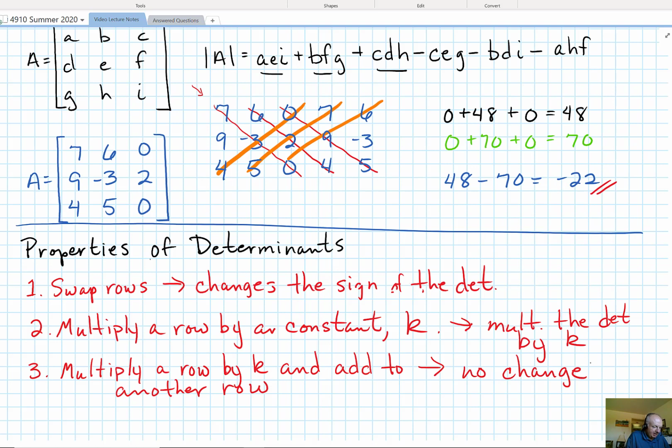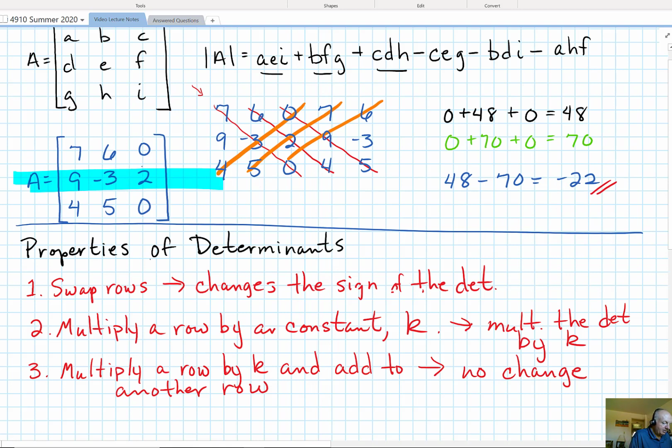If I multiply two rows, say for instance, like if I were working with this matrix and I wanted to eliminate this term, I would multiply this row by a -9. I would multiply this row by a 7, and then I would add and replace this row. I've actually done two operations there.